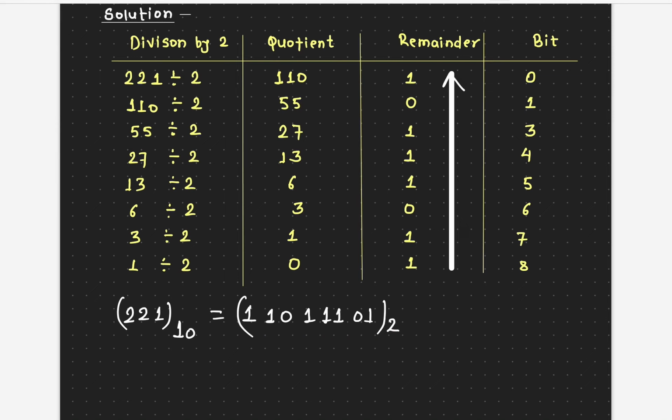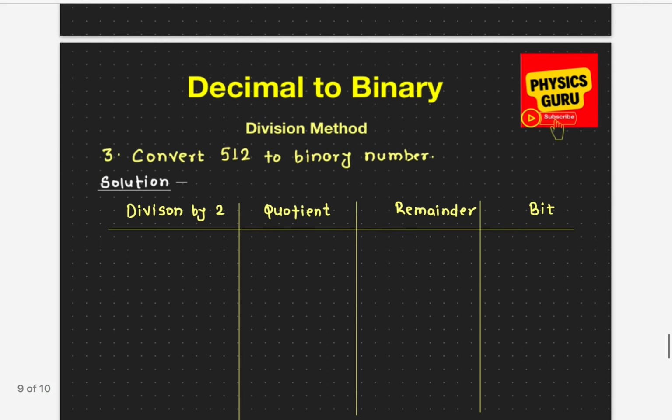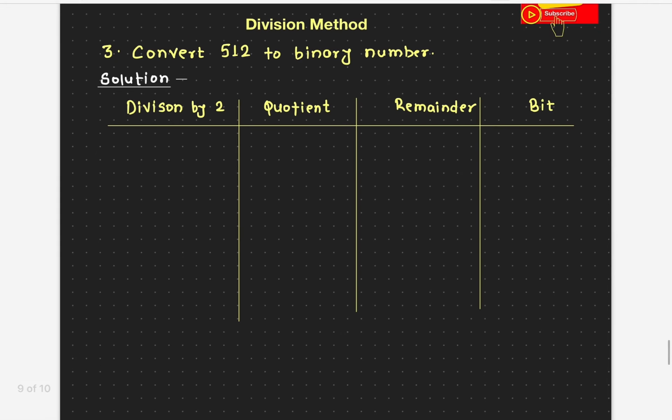So let's try one more number, and that number is 512. We have to divide it by 2. What do we get? We get 256 exactly. Is there any remainder?